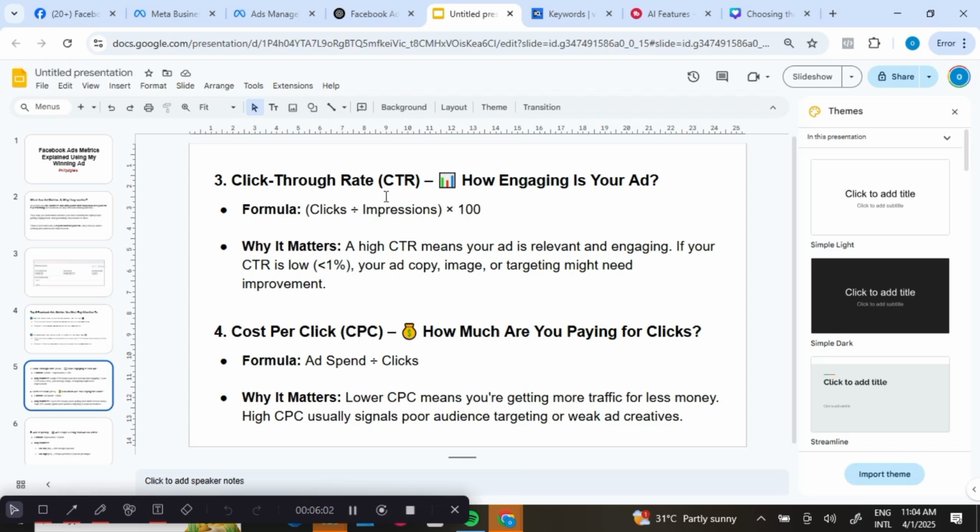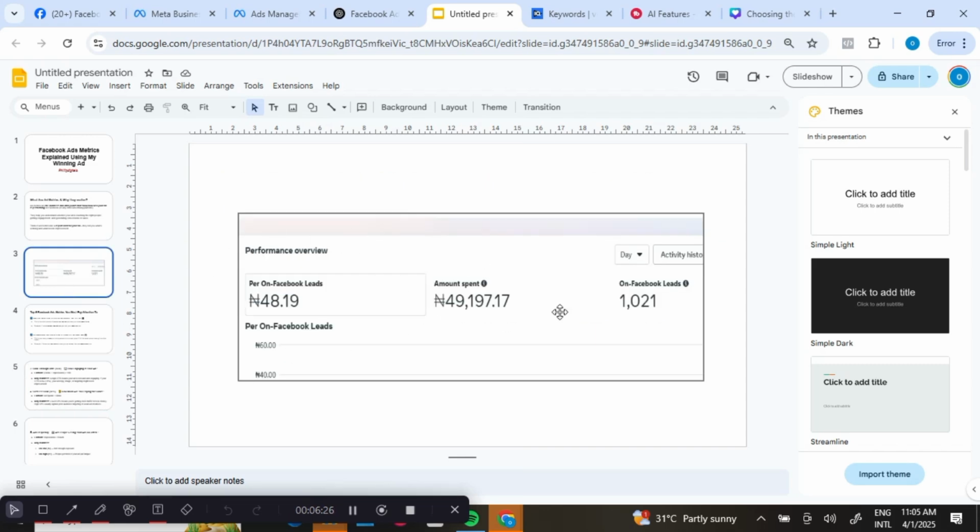Now why does this matter? A high CTR means your ad is relevant and engaging. But if your CTR is low, less than 1%, then your ad copy, your image, or your targeting might need improvement. From this data here, I can't see my CTR and I don't know whether I need to improve anything.